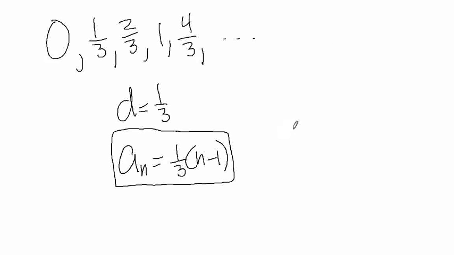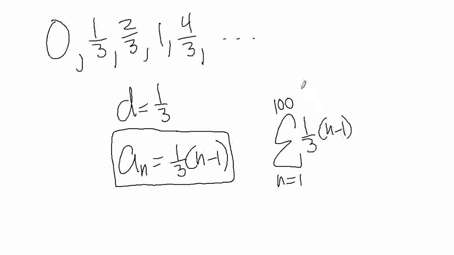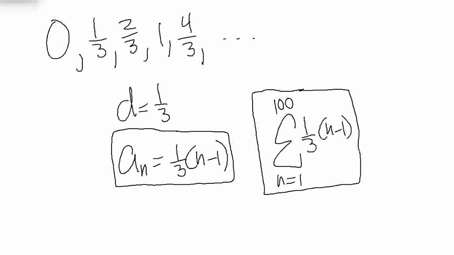Furthermore, we can describe the sum of the first 100 terms this way. All right, so all I did was make an expression with sigma notation using the function that described the sequence, the non-recursive function.